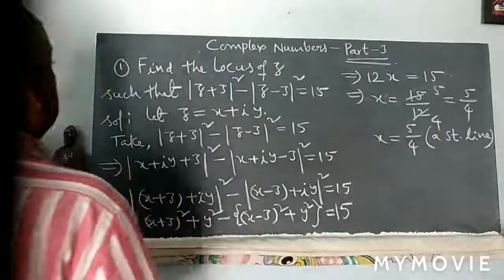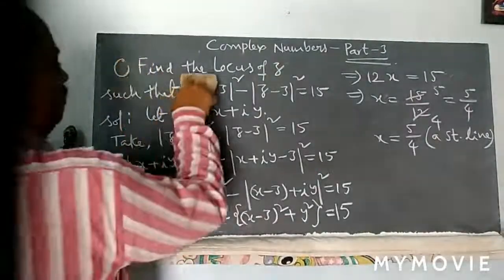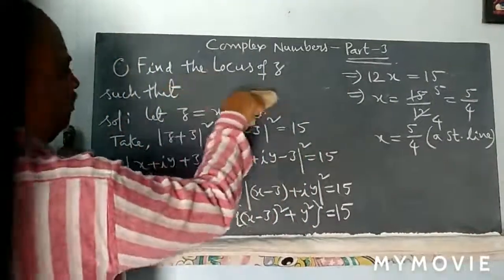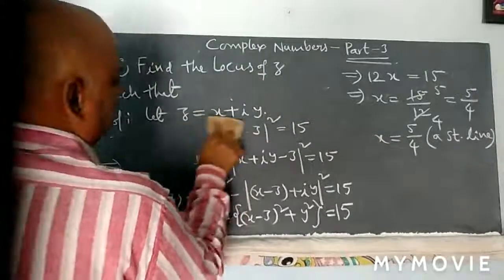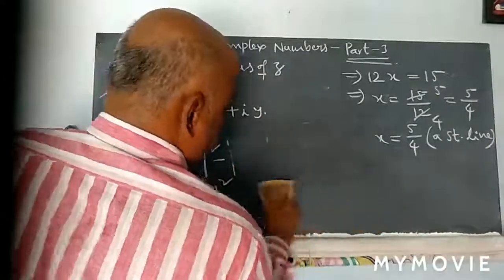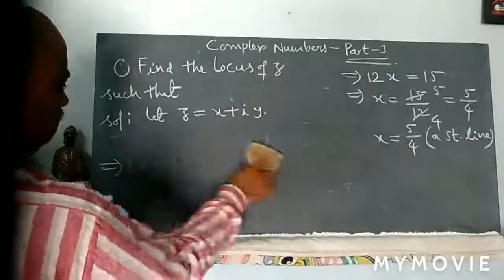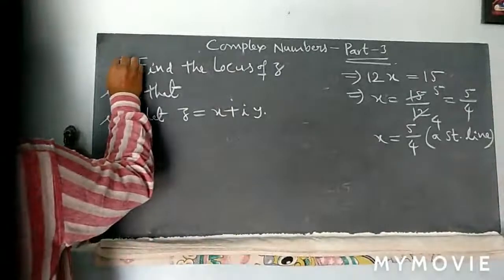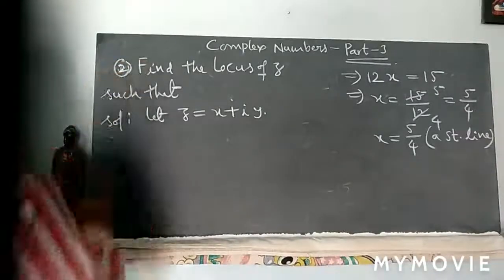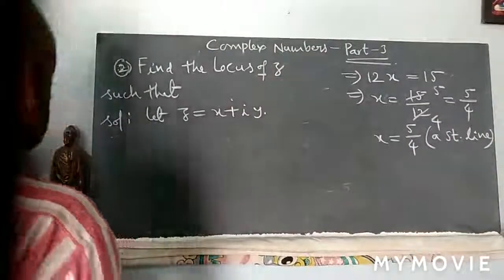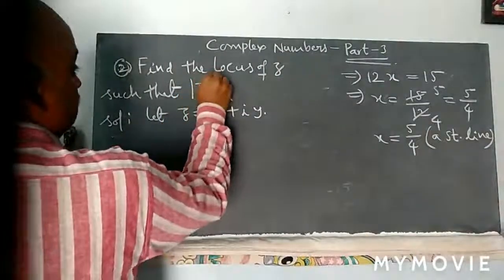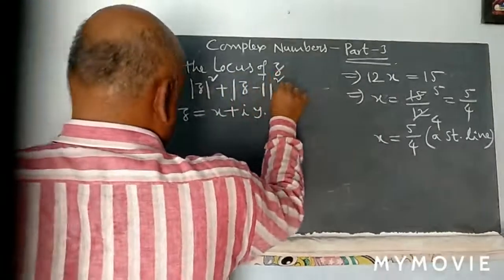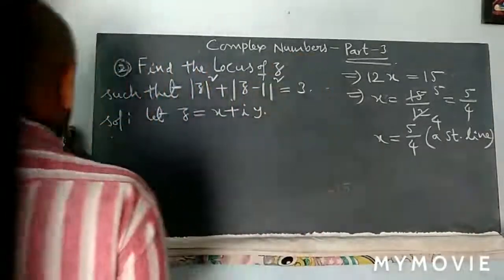Next problem. Second problem. Find the locus of Z such that |Z|² + |Z−1|² = 3.